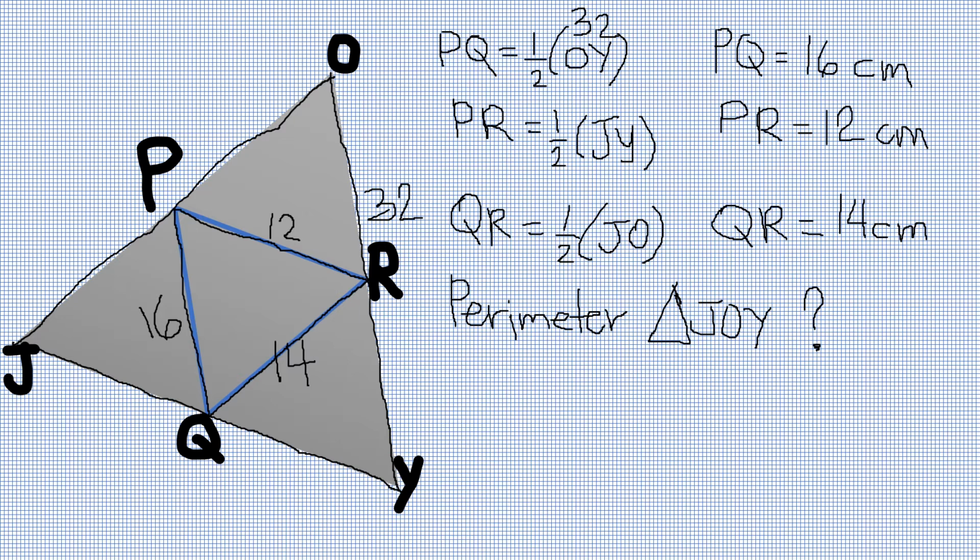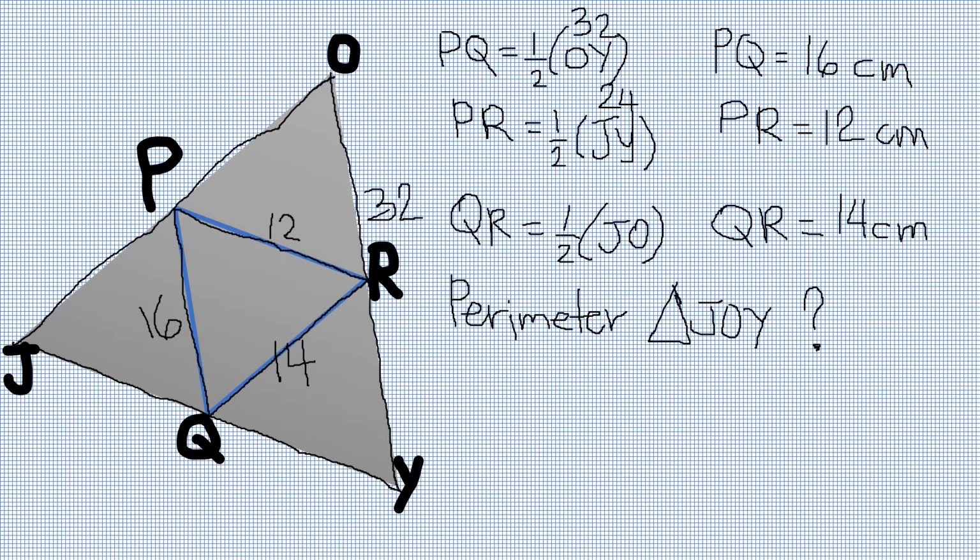Next, 12 for PR. So PR equals 1/2 of JY, so JY is equal to 2 times PR, that would be 24. If we divide 24 by 2, that gives the measure of PR, which is 12 centimeters.